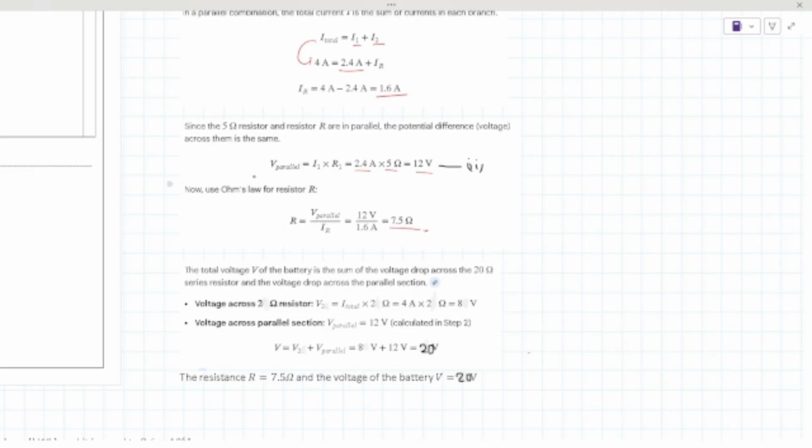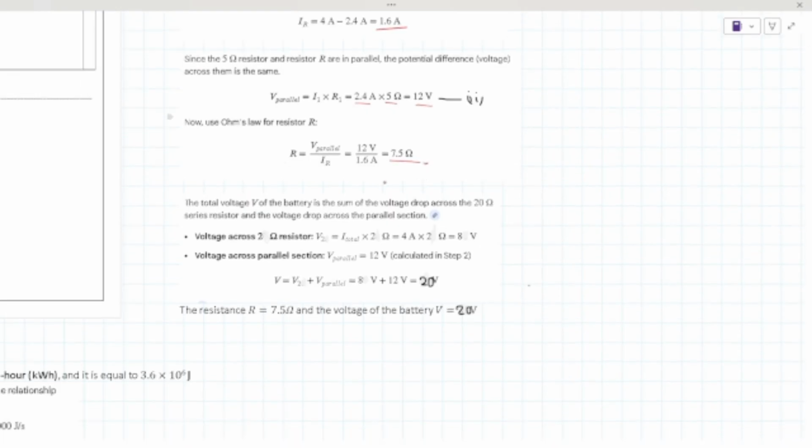Now the total voltage of the battery is dropped at the 2 ampere, 2 ohm resistor, and the parallel circuit. The voltage across the resistor was I into R, which will be 8 volt, and in the parallel part it is 12 volt.